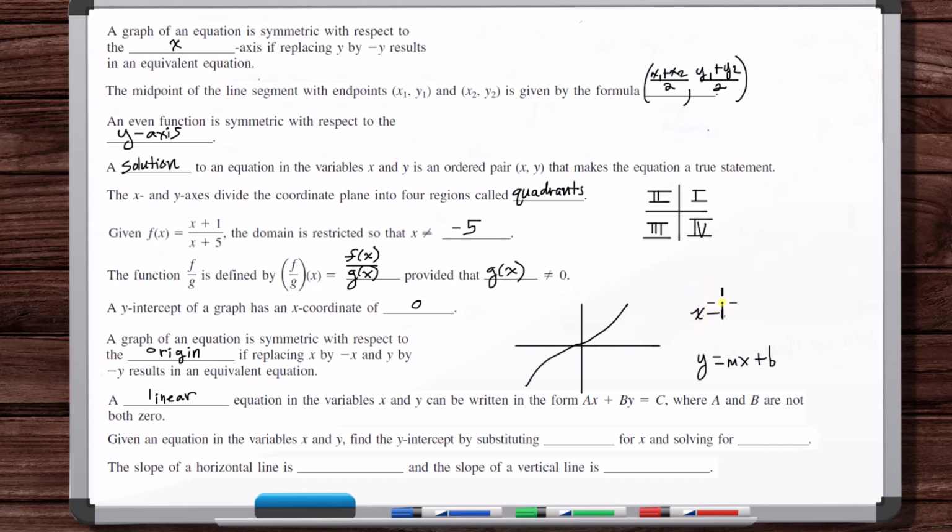Like with the equation of a circle, this is the standard form. You can read off the radius, read off the center. The general form is when you just expand everything, combine like terms, and bring everything to one side. Everything's expanded. You can't read any descriptive information off of the equation, right?